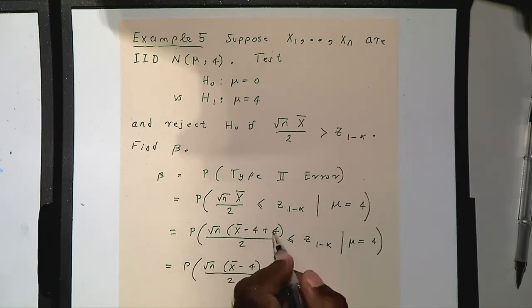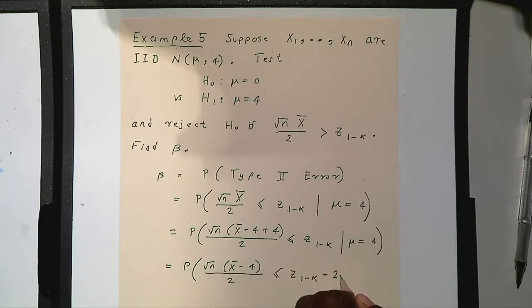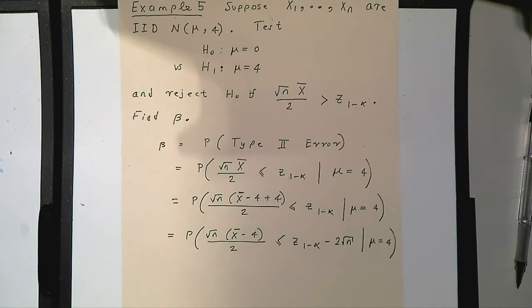I'm going to take the last term to the right-hand side, so it becomes 2 root n. Right, now using this property, what you have here has a standard normal.